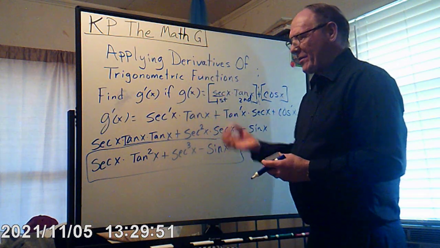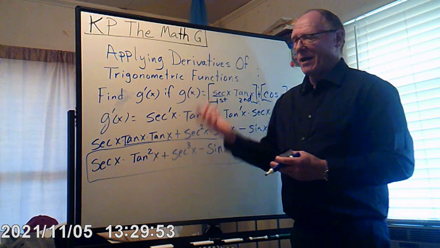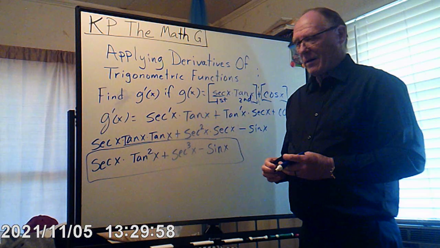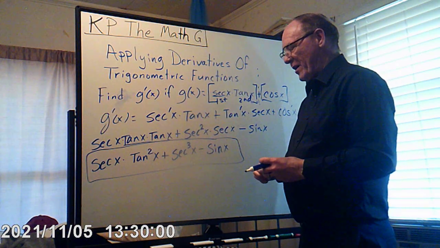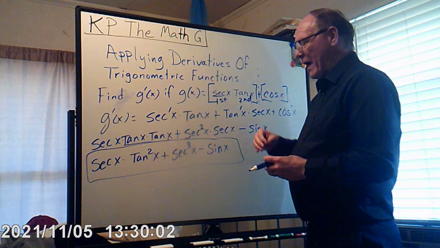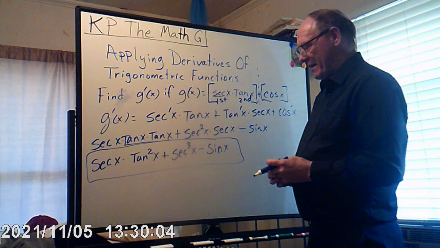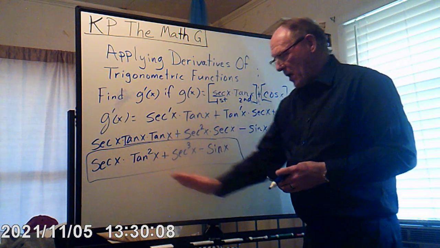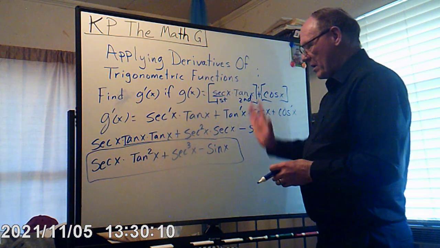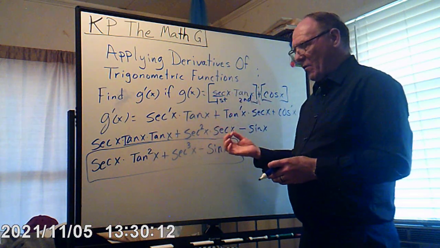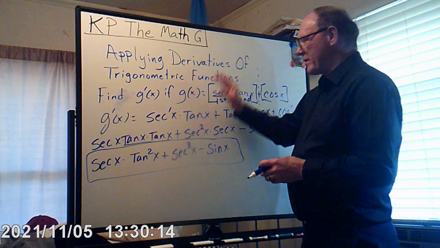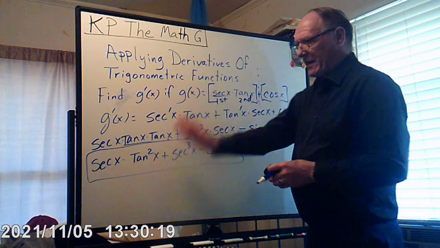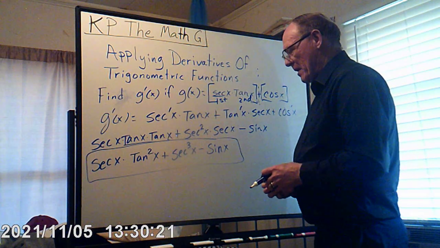Or what is the velocity, whatever we might want to find. So we can make several applications to this. And keep in mind, when we're trying to find the derivative, we're talking about a rate of something maybe.